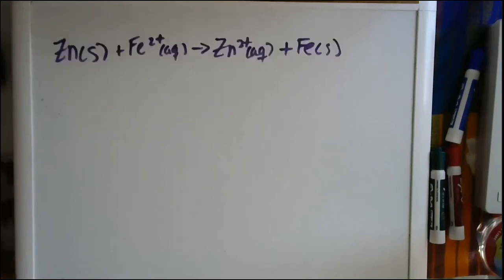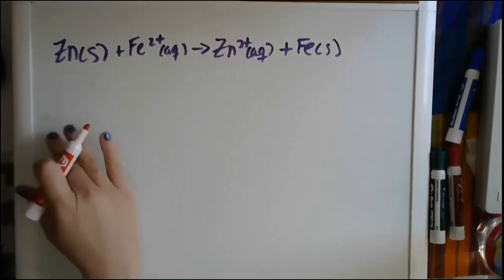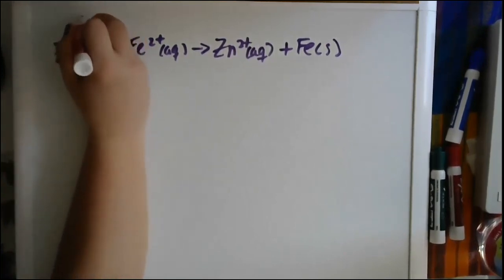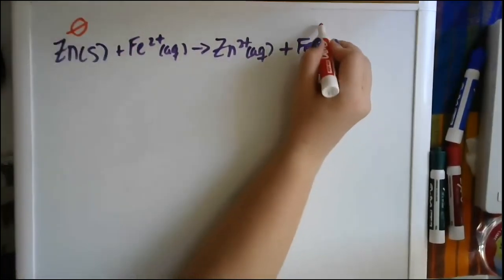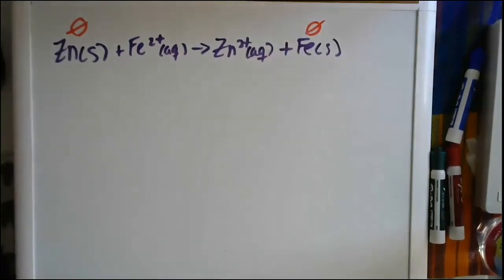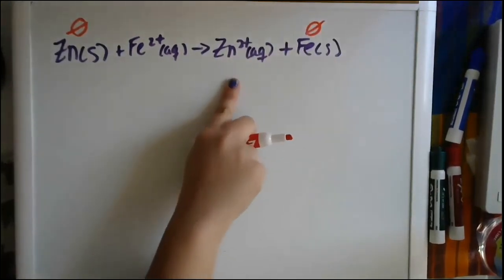Okay, let's look at one more example together. Again, I'm going to start this by assigning oxidation states to everything. And I always like to start with my atoms that are in elemental form and giving them an oxidation state of 0. Next, I'm going to look at my two other components here.